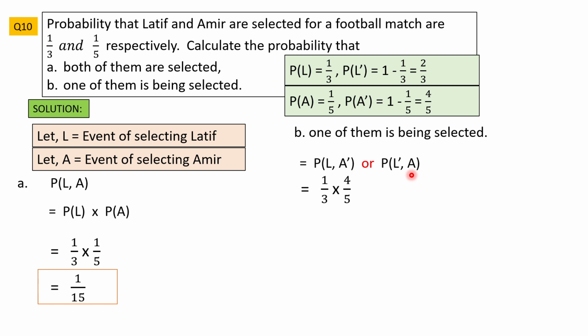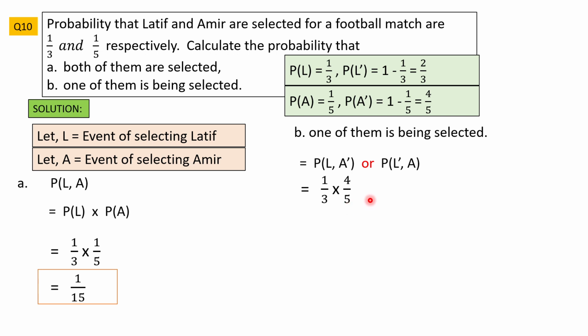In order to get the probability of Latif selected, Amir not selected: Latif selected is 1 over 3, Amir not selected is 4 over 5.